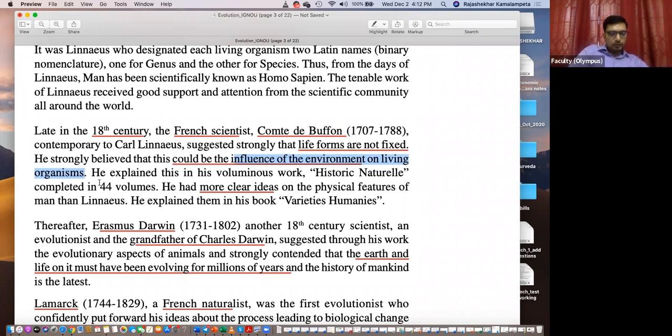He wrote 44 volumes of his historic natural history book, and he developed clearer ideas than what Linnaeus had. But Linnaeus provided that structure that we are seeing today, so he gets the credit for this, but Buffon also worked on this. And he recognized that there are differences and environment has a role to play in this.